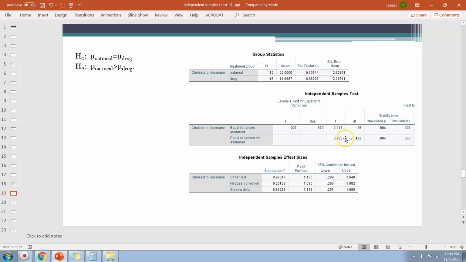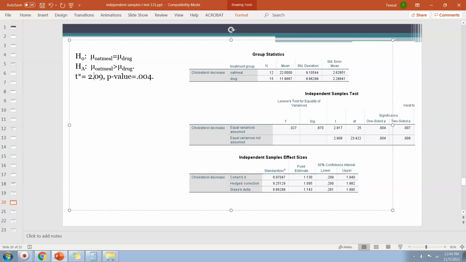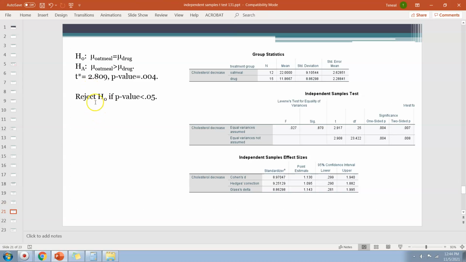And you can see here, looking at equal variances not assumed, we have a test statistic of 2.908, and our one-sided p-value is 0.004. And that's 2.908. And that's going to be wrong on all of these.